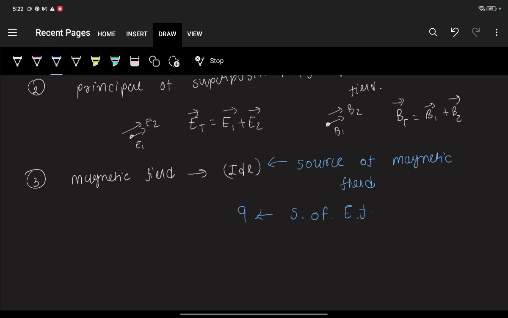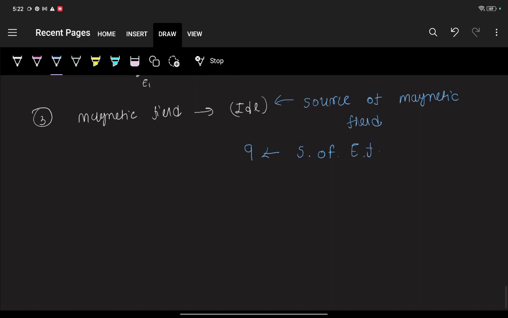Now comes the fourth part, which says that electric field is produced by a scalar source. The source is scalar or vector? Here the charge is scalar. So electric field is produced by a scalar quantity, while the magnetic field is produced by a vector quantity.